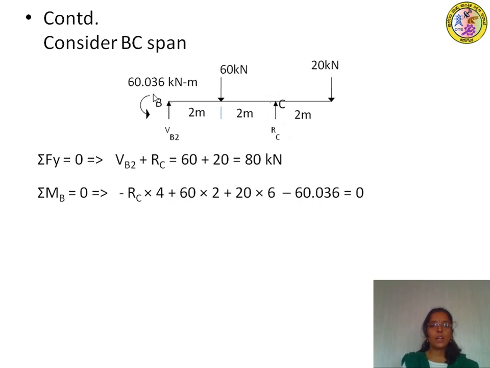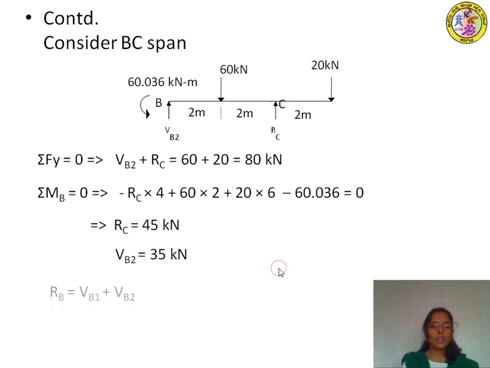This is inducing anti-clockwise moment about B. Therefore, minus RC into 4 plus 60 into 2 plus 20 into 6, and then minus 60.036, that is equal to 0. So that implies RC is equal to 45 kilonewton and VB2 will be equal to 35 kilonewton.